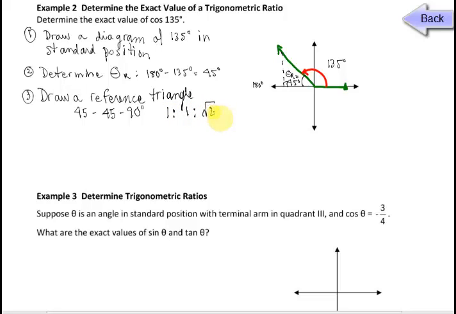Remember that the root 2, being the largest side, is our hypotenuse, so that would go along here. And the 1 will have a 1 here and a 1 here. Now remember that our x and y have directions, so the direction on our x is negative, and the direction on our y is positive.